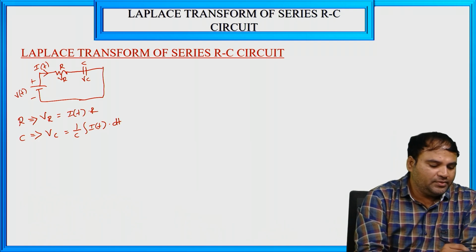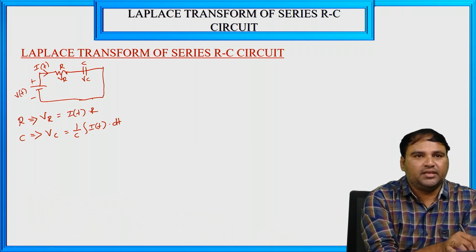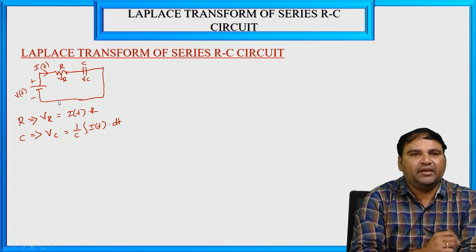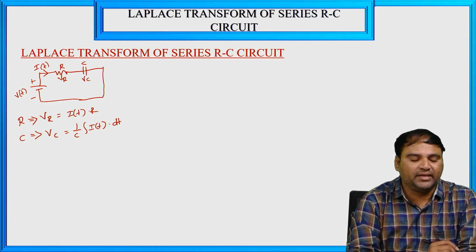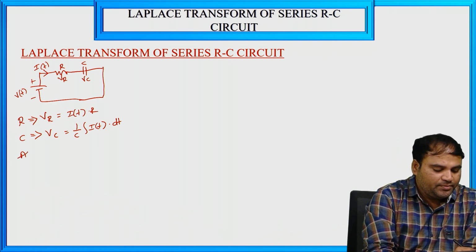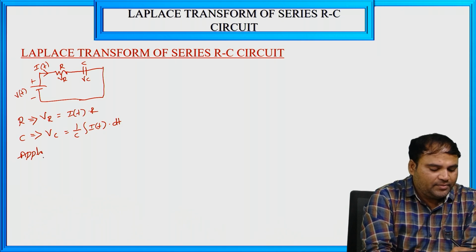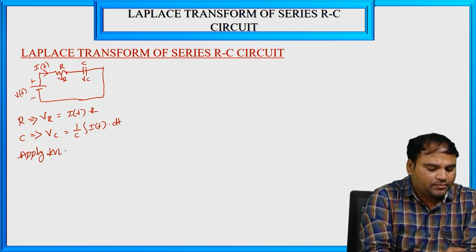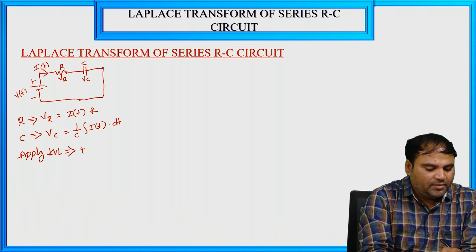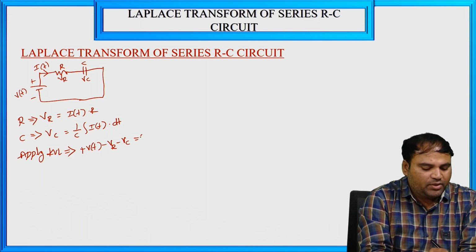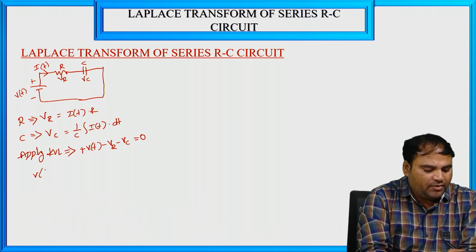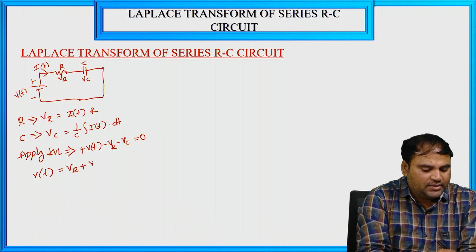Now in this series circuit we need to apply KVL. It is a single loop, so we apply KVL here. We get plus V of t minus VR minus VC equals 0, or V of t equals VR plus VC.